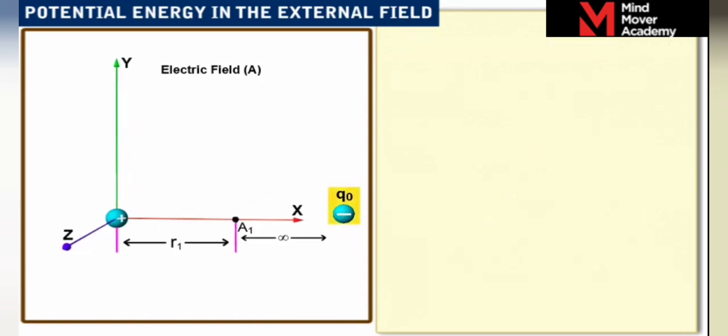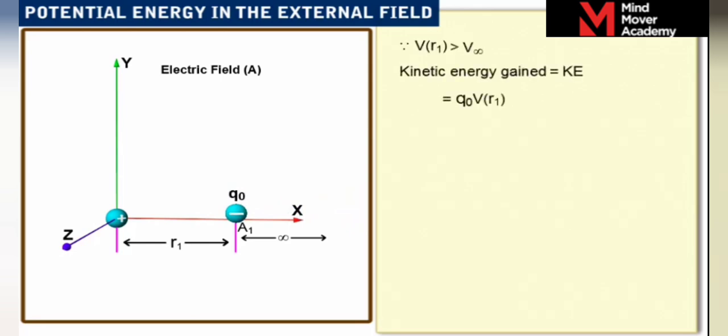Now, if Q0 is an electron which is at rest at infinity, is released under the potential difference, then it moves towards the point A1. Since A1 is at a higher potential compared to the point at infinity, the electron gains kinetic energy, which is equal to Q0 into V1.